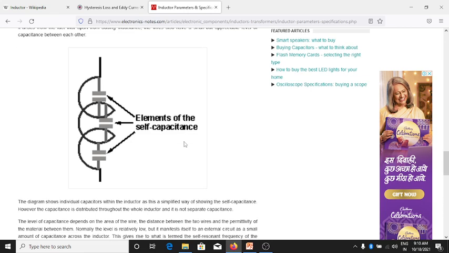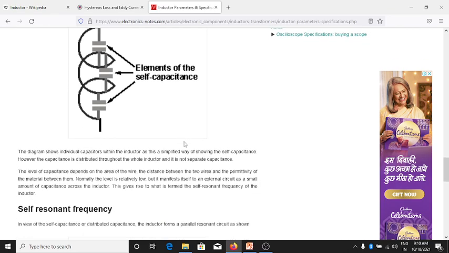The diagram shows a capacitor within the inductor as a simplified way of showing the self-capacitance. However, the capacitance is distributed throughout the whole inductor and it is not a separate capacitance.